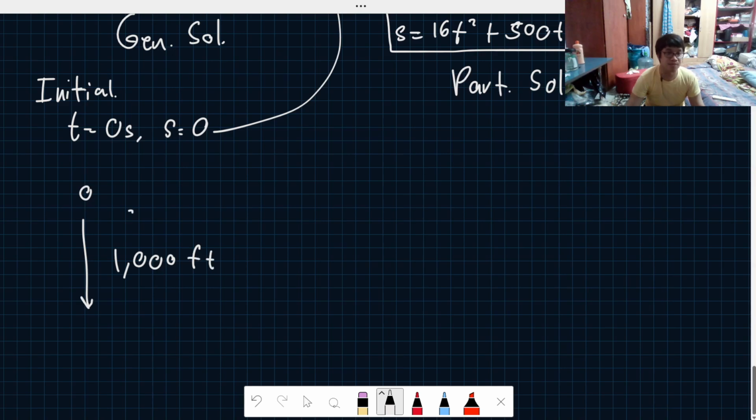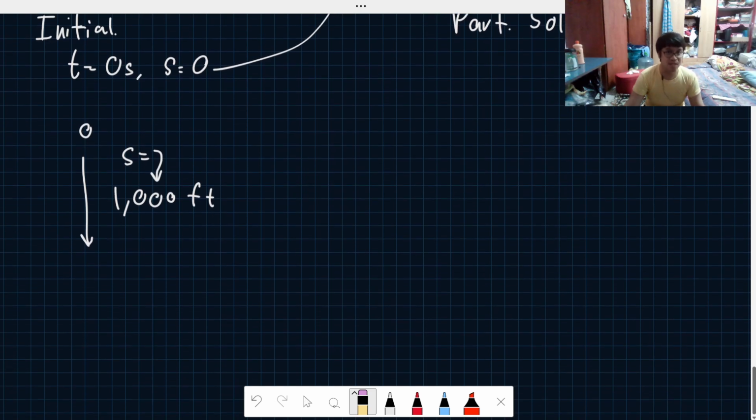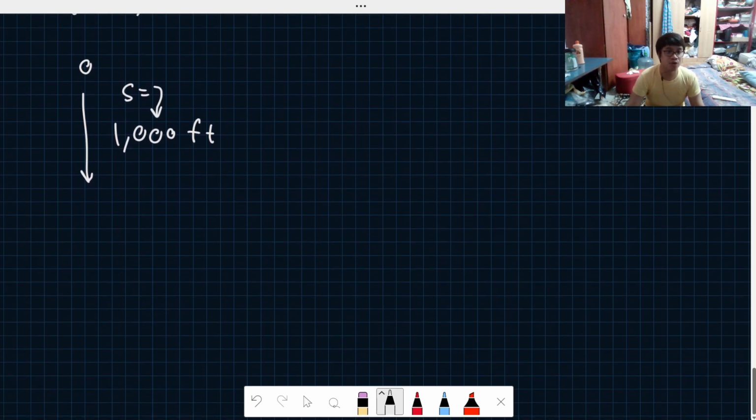Now, does that mean your s is negative or positive? Since we changed the sign convention where going down is positive and going up is negative, in this case we will have positive 1,000 feet. So your s would be 1,000. Then we solve for your t value.